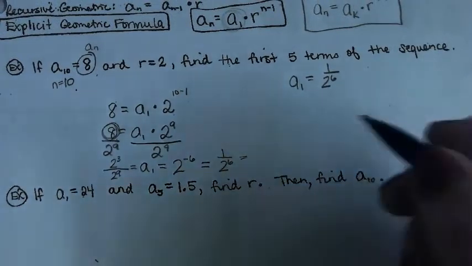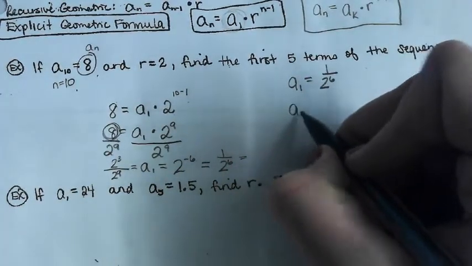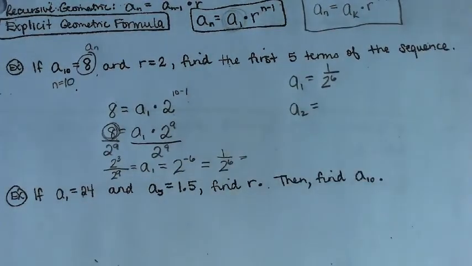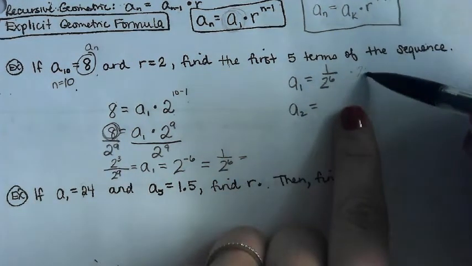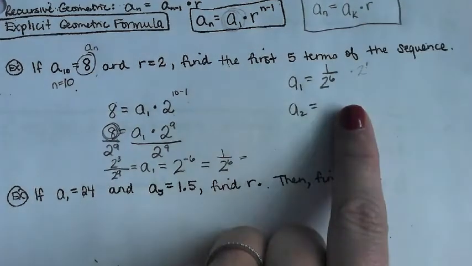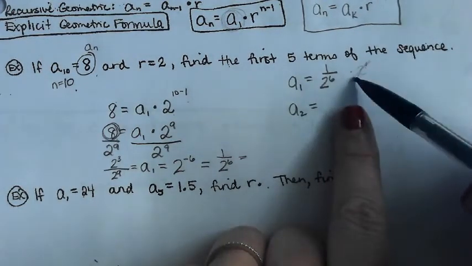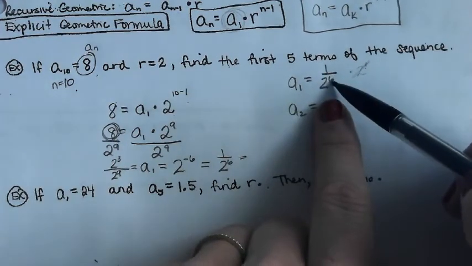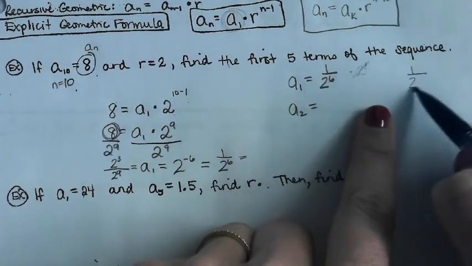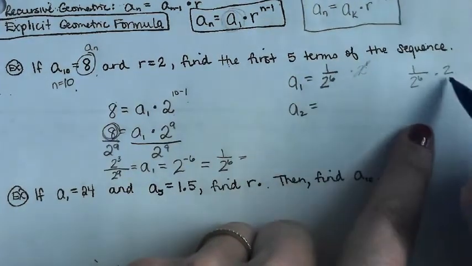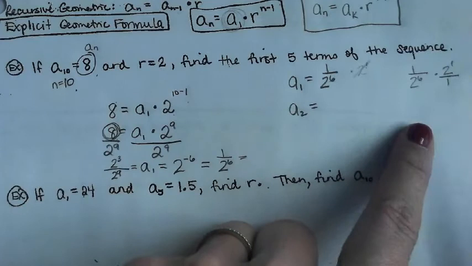Then for my next term, I just need to multiply that by 2. What's going to happen if I multiply this by 2? Technically 2 to the 1st power. Isn't that just going to cancel with one of these and make that turn into a 5? Right? 1 over 2 to the 6th times 2, that's technically over 1, and that's technically to the 1st power.